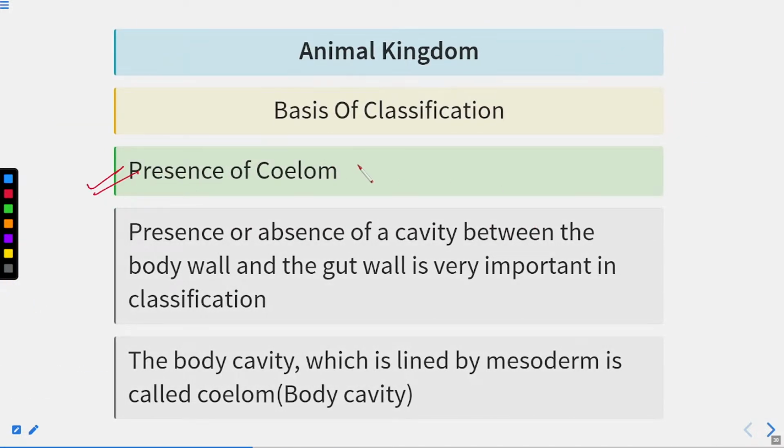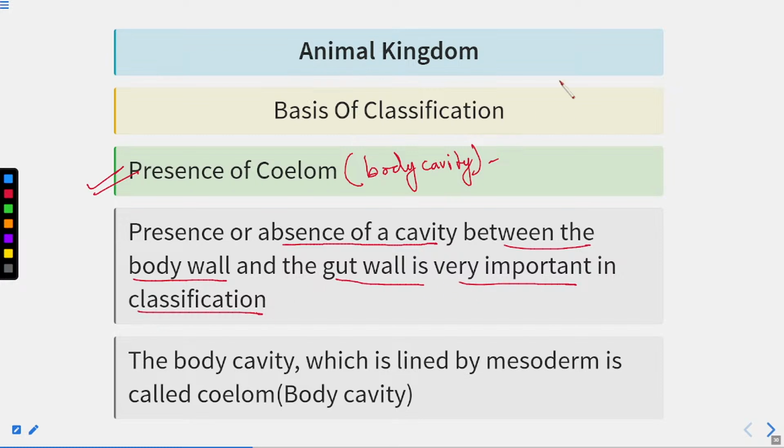Presence of coelom. Coelom means body cavity. So the presence or absence of a cavity between the body wall and the gut wall is very important in the classification. I'm just drawing a man having the gut and the body.